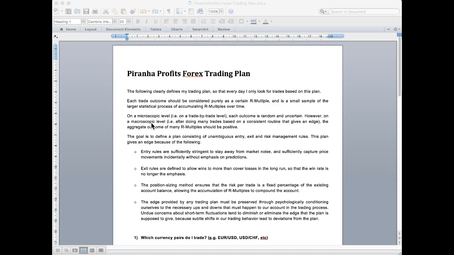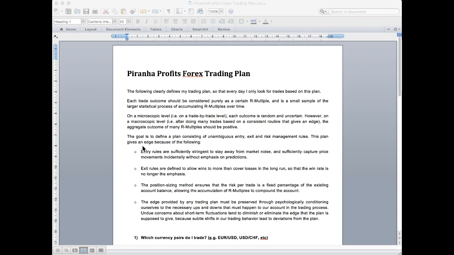However, on a macroscopic level, after doing many trades based on a consistent routine that gives an edge, which is what you've learned, the impulse pullback and impulse pin bar strategy, the aggregate outcome of many R multiples would be positive. So the goal is to define a plan consisting of unambiguous entry, exit, and risk management rules.